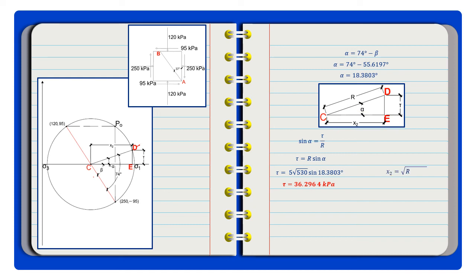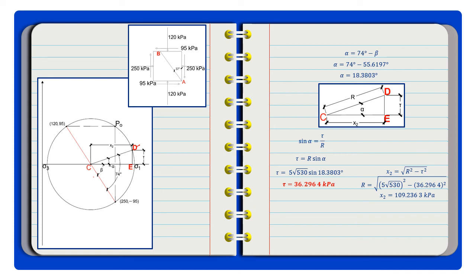So in this example, we got it from the Pythagorean theorem, which is x sub 2 is equal to the square root of R squared minus tau squared. So substituting the value of the radius and our tau, we have square root ng 5 square root ng 530, squared minus 36.2964 squared. So, calculating that one, we will have the value of x sub 2.